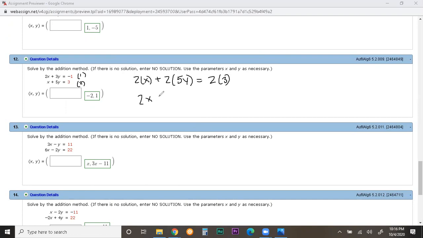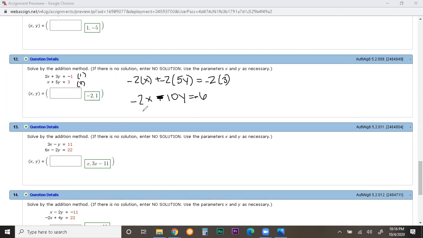So that will be 2x plus 10y equals 6. Now we can add it to that first equation. So you can call this equation number 3. That is fine. Oh, and this was supposed to be a negative 2 because the first equation has a positive 2, so we want it to be negative 2. So let me adjust that.